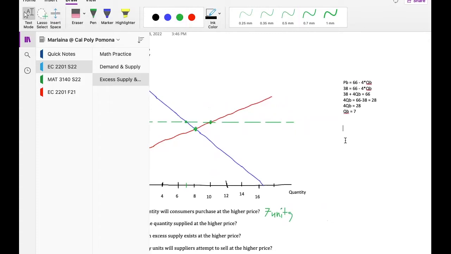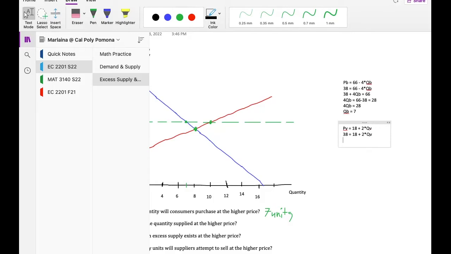For the producers, the price they're selling at is going to be 18 plus 2 times the quantity they're going to sell. So we know the price is going to be 38. Then we see that 38 is equal to 18 plus 2 times the quantity they're selling.